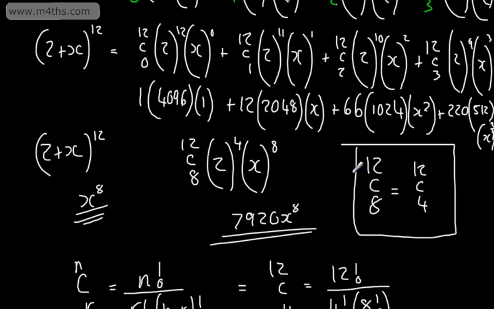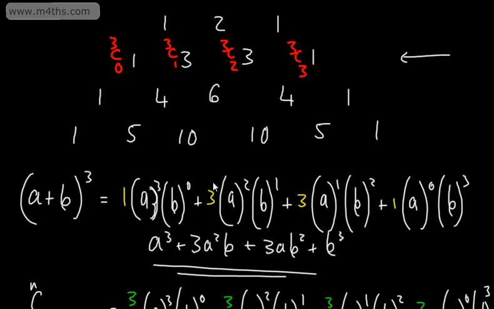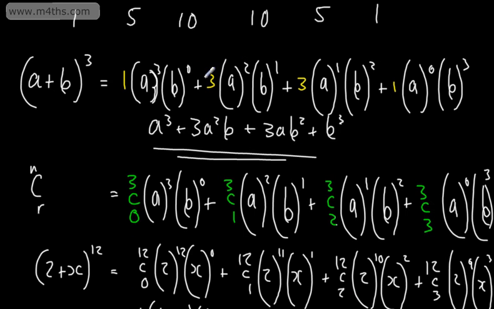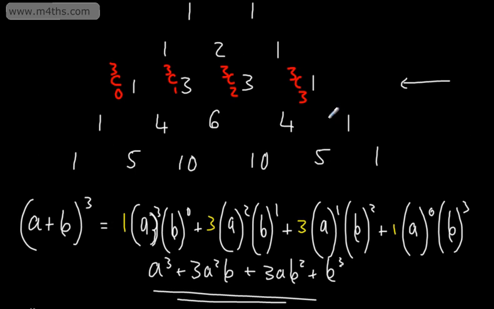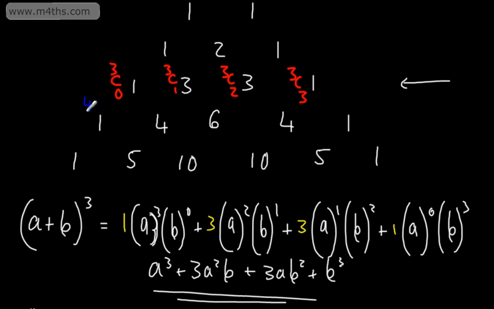So the take-home message is, before we go on to really look at what this means, we do exactly the same. We find the descending powers of A, the ascending powers of B, and instead of putting the coefficient in front, we go ahead and write out the nCr. So if I did the next one, this one right here is 4C0, 4C1, 4C2, 4C3, and then 4C4.